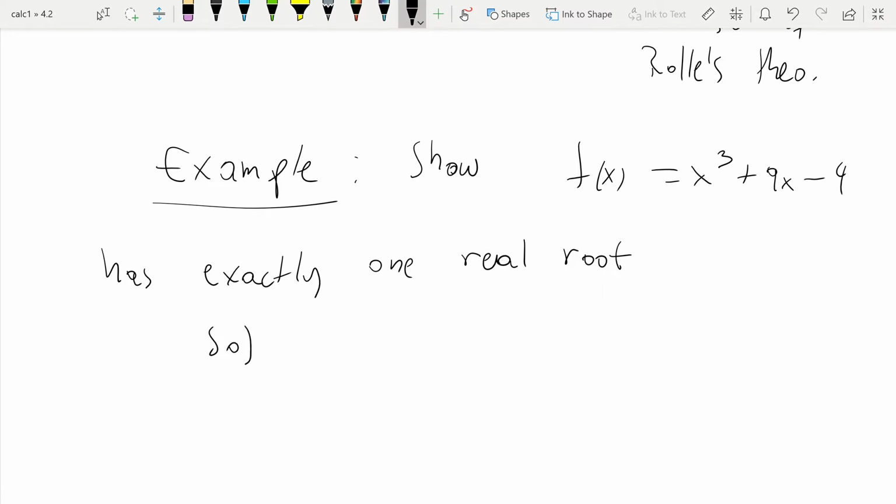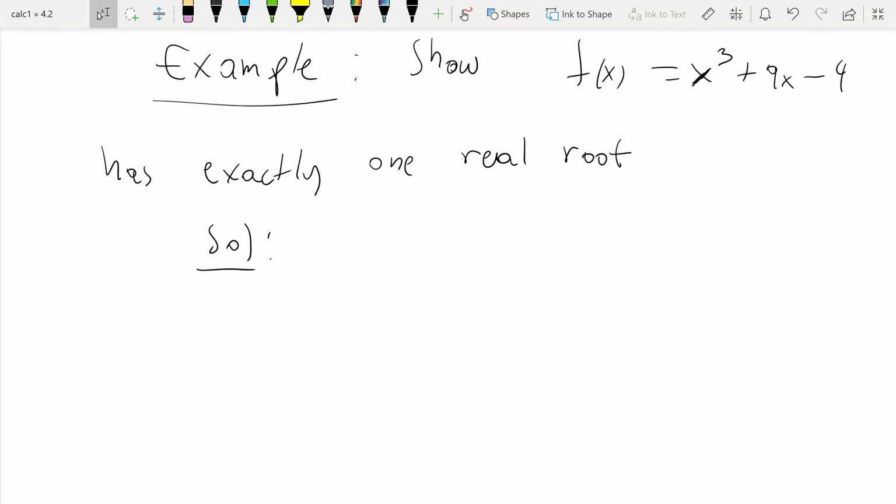A variant of this problem that you may encounter in the exam or WebAssign is that they may give you a function like this one and some alternatives. What can you say about the function f? It has one real root, two real roots, or three real roots, and you'll have to reason as follows. You just have to perform this analysis to conclude that there's only one root.